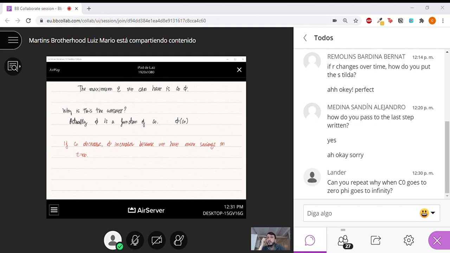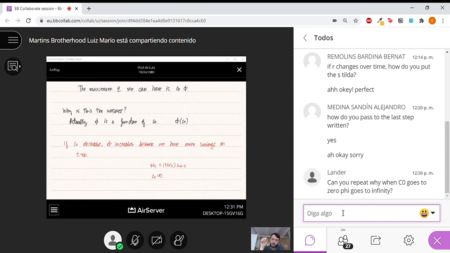So my intuition was the following. If C0 goes to 0, it means that I'm never going to consume anything. Remember that in each period I get WT, the wage, and then I have the earnings of the previous period savings. If I keep compounding, if I make C0 equal to 0, I will get S1.